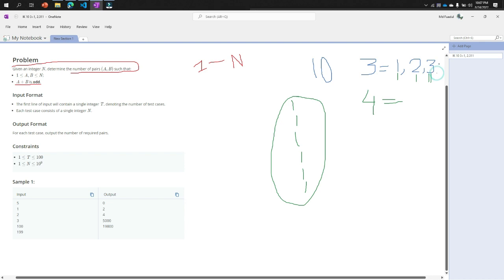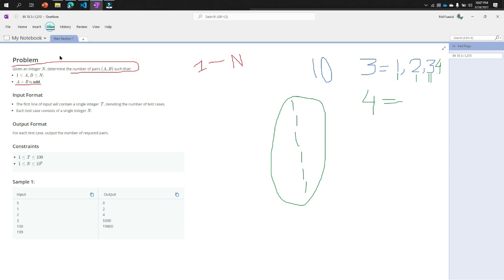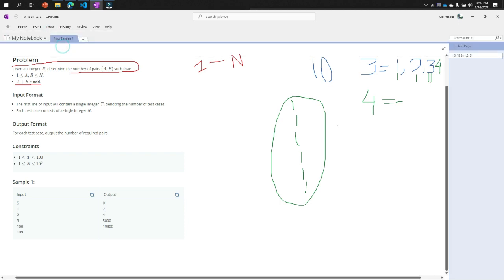Take 1, 2, 3 and 4. Now for 4, how many pairs can we build? With 1: 1 and 2, 1 and 3, 1 and 4, so 3 pairs.